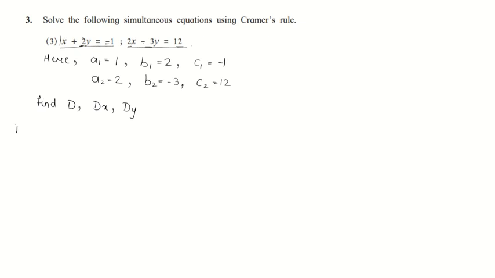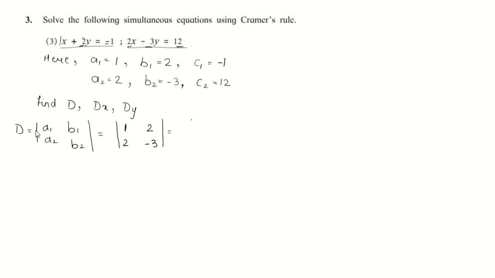So let's solve for d. D is equal to the determinant a1 a2, b1 b2, where a1 is 1, a2 is 2, b1 is 2, b2 is minus 3.